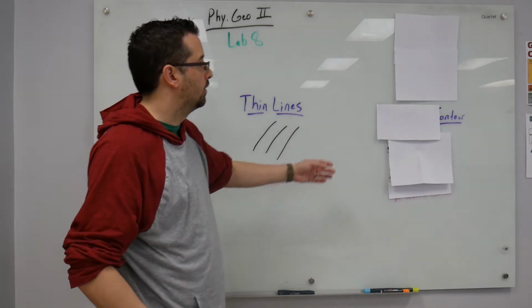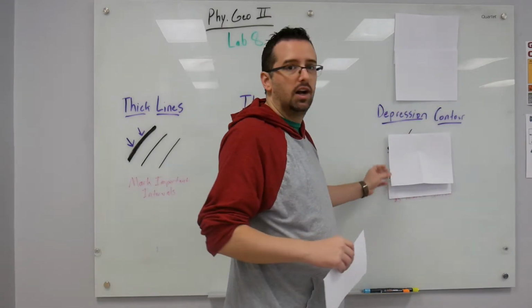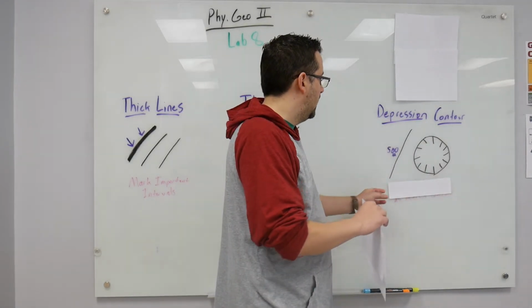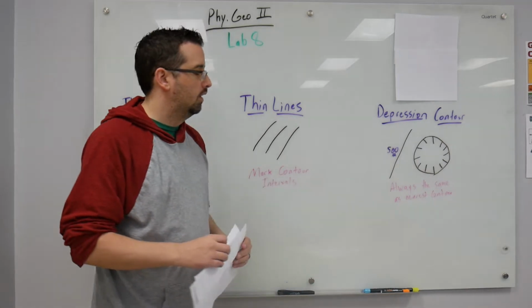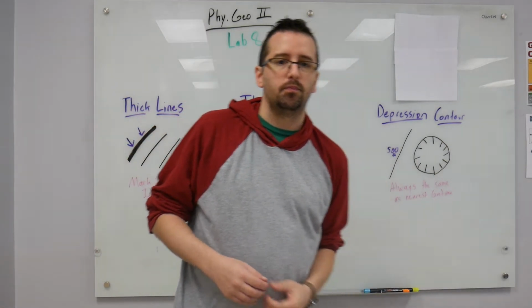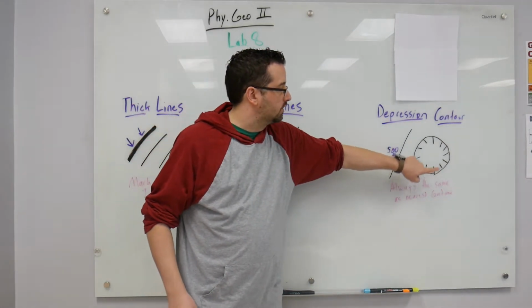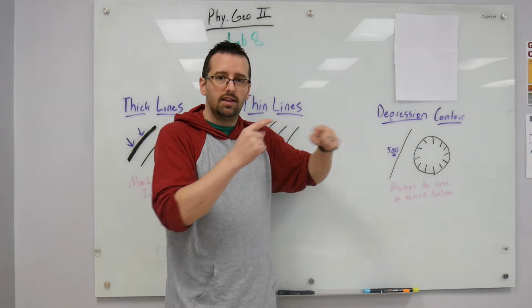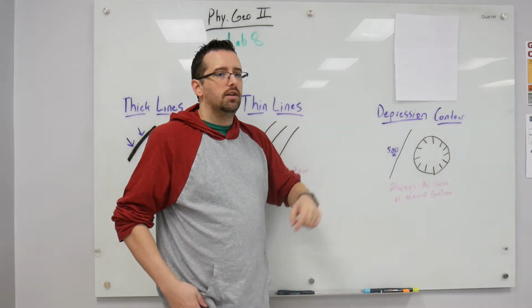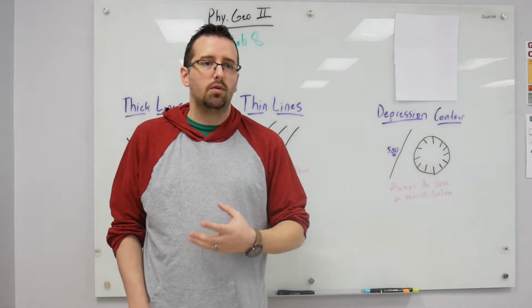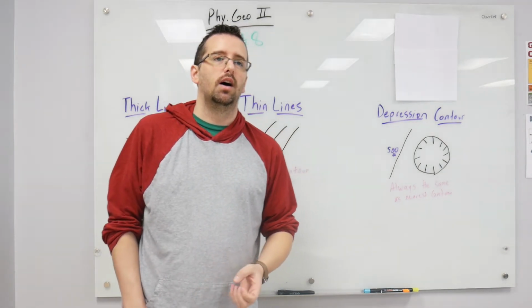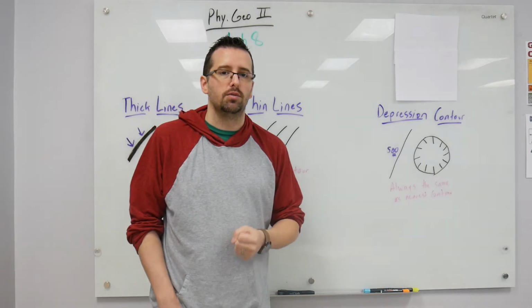Okay, so the last thing we have to talk about is a depression contour. Occasionally on a map, you will see a little circle with teeth sticking inwards. They are not usually marked with a contour interval. They do not usually have their elevation marked.